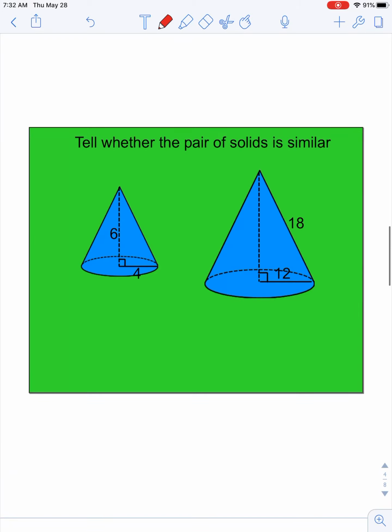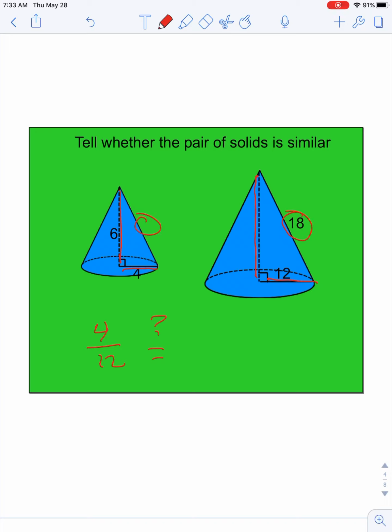So if we want to tell whether these are similar, we look at what corresponding linear measures are given. Well, we have this radius here of 4 and 12. So we see if 4 to 12 corresponds to either this height, which we don't have over here, or the slant height, which we don't have over here.